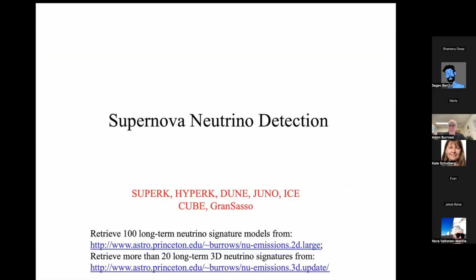The first one is 100 2D models of the neutrino emissions as a function of compactness or progenitor. And you can just go through all that to get a full set of predictions for the full panoply of possible core collapses without initial rotation. The very bottom URL is the corresponding thing in 3D, but we have only 25 models represented here. But they're fairly similar, but they're a little bit more updated, etc.